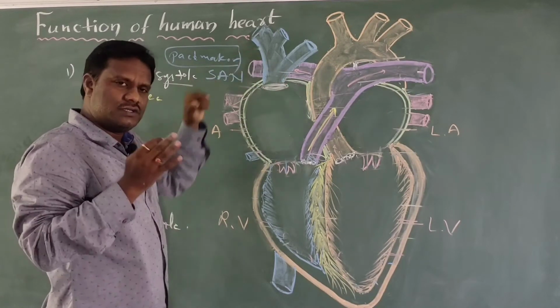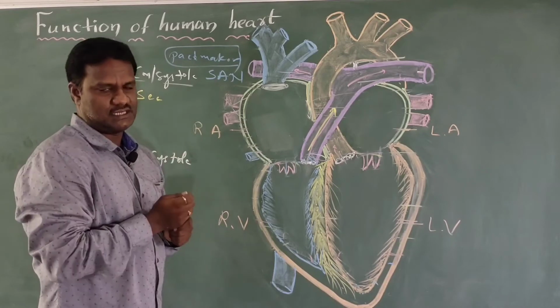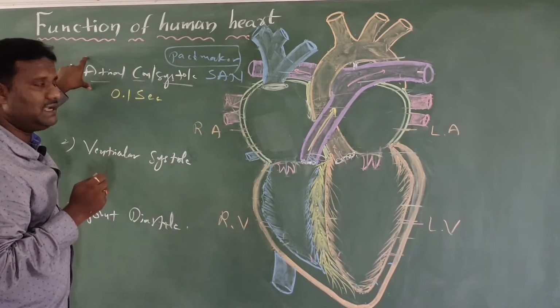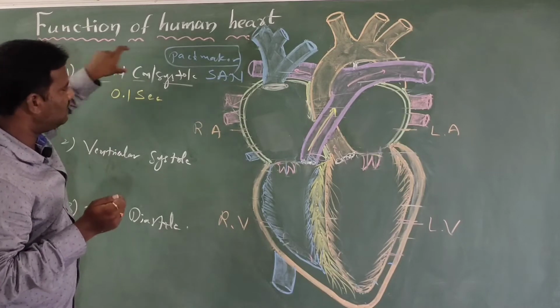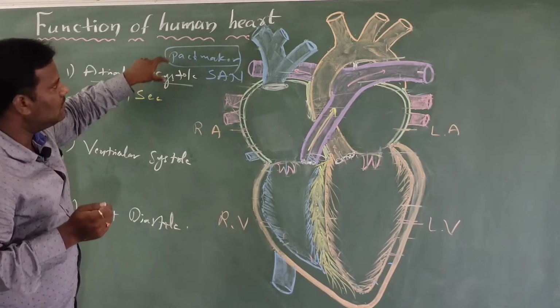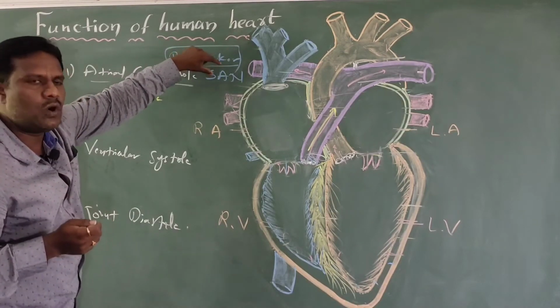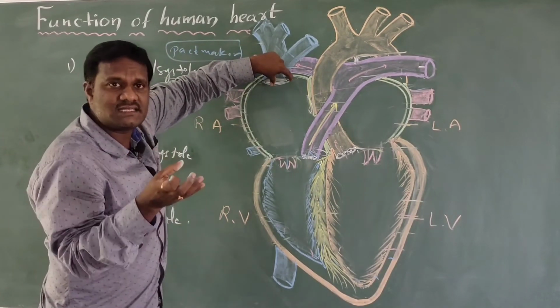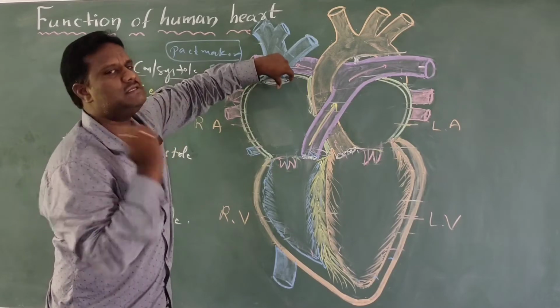Whenever the four chambers are in a relaxed or resting position, the first step is atrial contraction or atrial systole. In this method, first the sinoatrial node passes the signals with the help of the action potential.